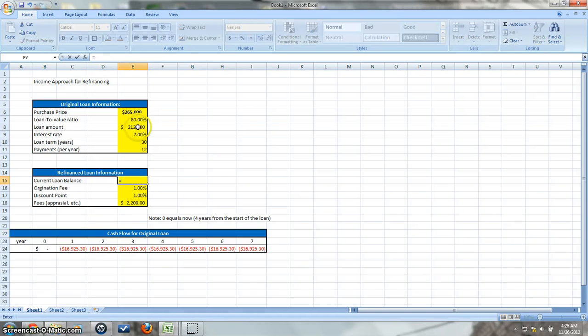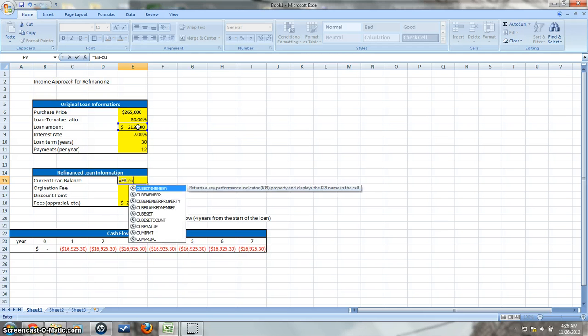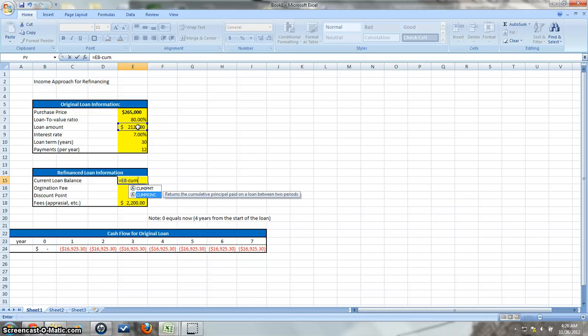So the current loan balance is going to be the loan amount minus the cumulative principal that's been adding up over time.